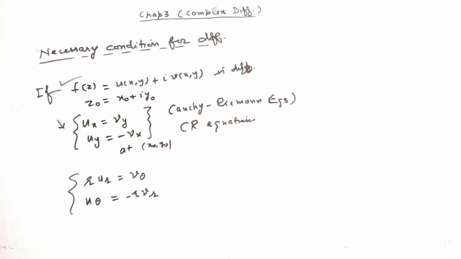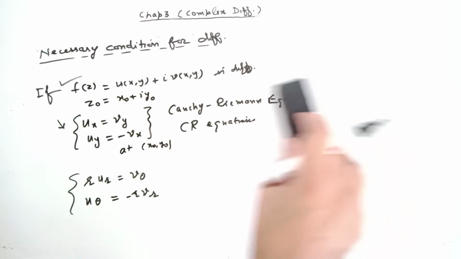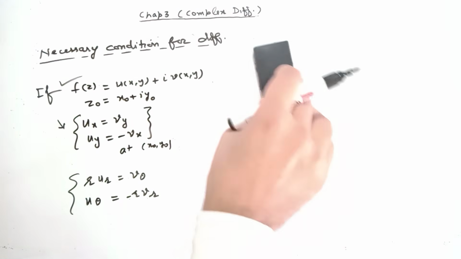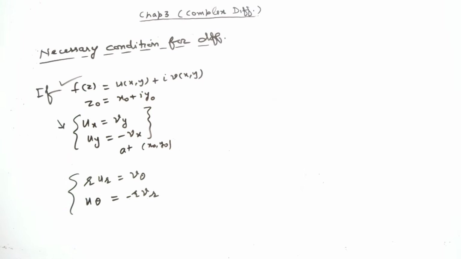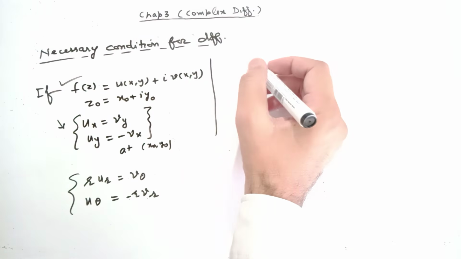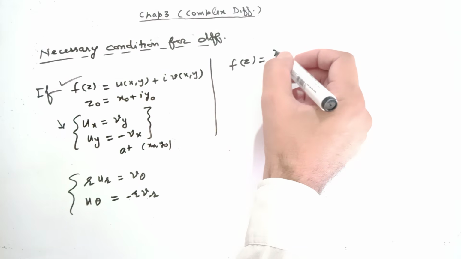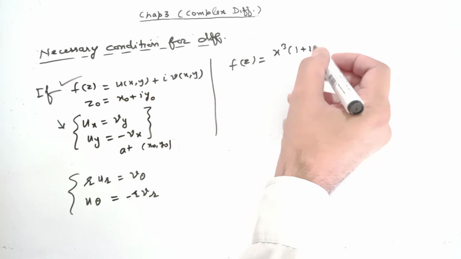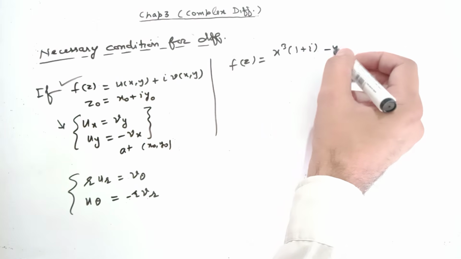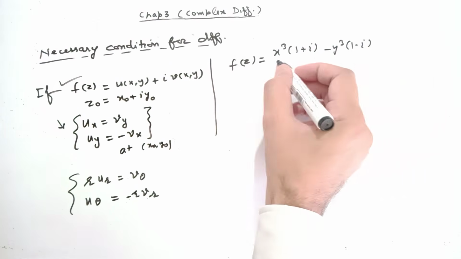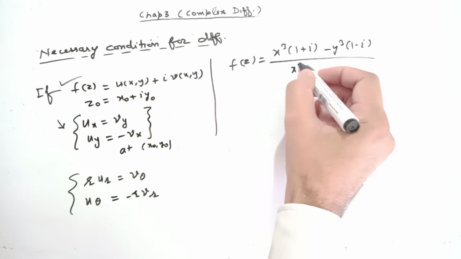Now let me discuss one example where CR equations are satisfied but the function is not differentiable. That will clarify the point I am repeating again and again. See this function f(z) equal to x cube into (1 plus iota) minus y cube into (1 minus iota) divided by x square plus y square.